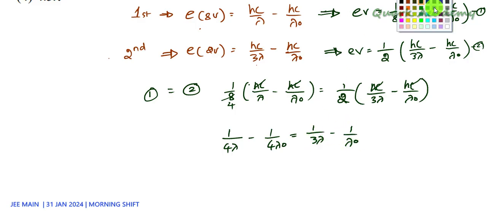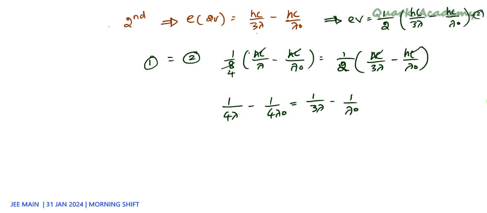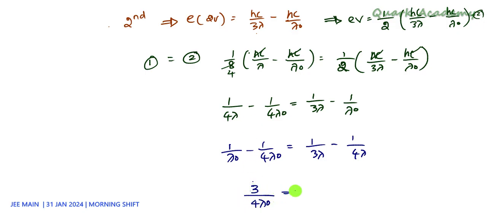Let's bring the lambda 0 terms to one side and the lambda terms to the other side. We will get 1 by lambda 0 minus 1 by 4 lambda 0 equal to 1 by 3 lambda minus 1 by 4 lambda. This is going to be 3 by 4 lambda 0 equal to 1 by 12 lambda.